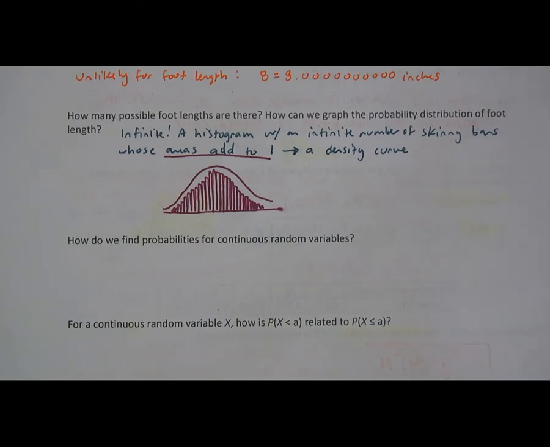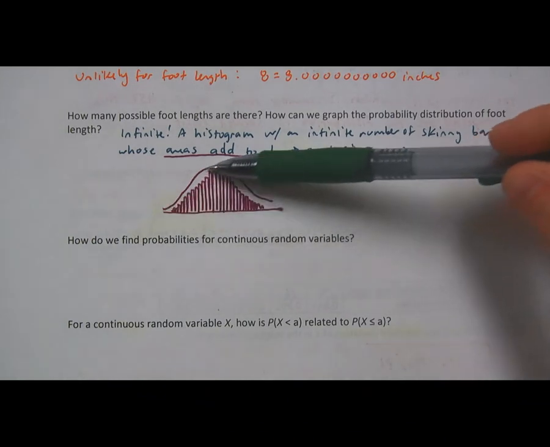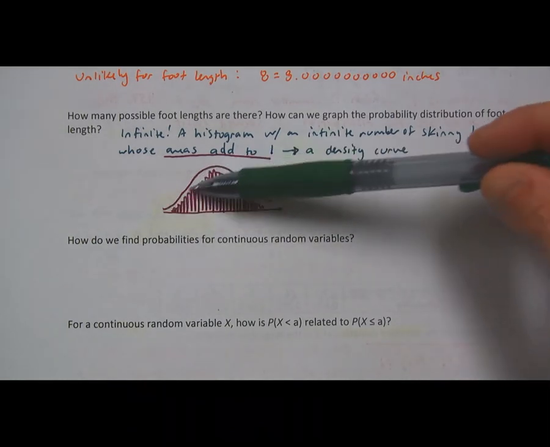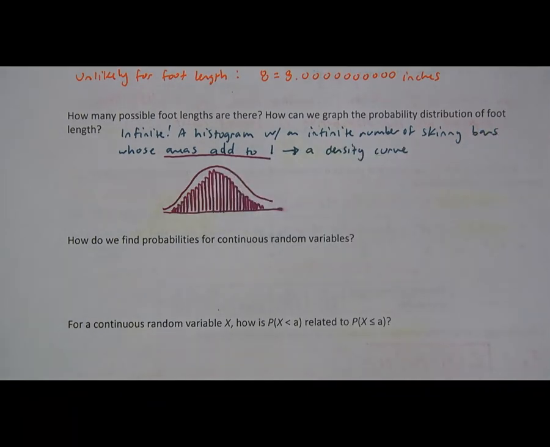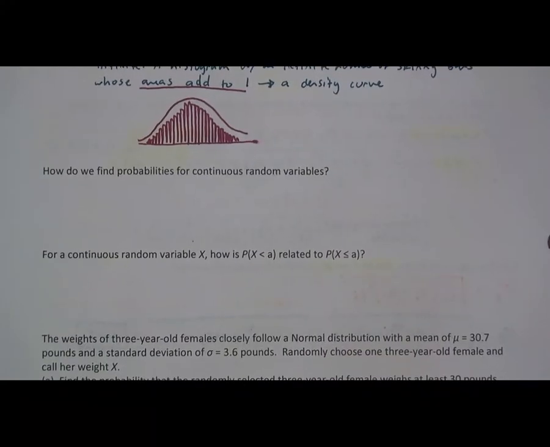Now I kind of hope you have some insight on where we're headed with this. Anytime we see this normal distribution shape, we're going to probably end up drawing pictures, shading to the left or to the right of values, and using normal CDF or inverse norm. So let's bring in that old knowledge here. How do we find probabilities for continuous random variables?